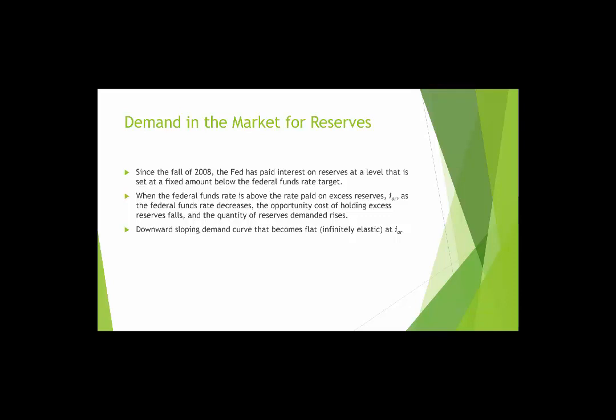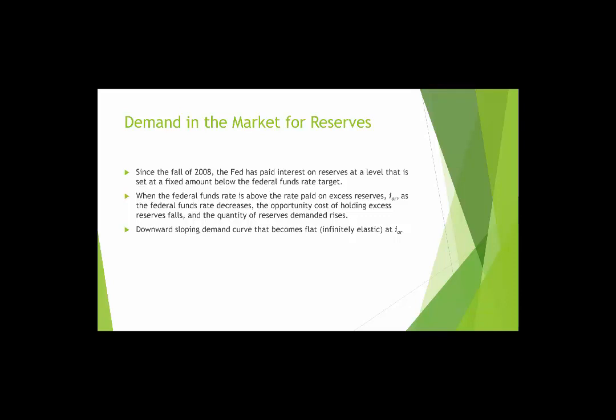If it goes down to the amount that the Fed gives you, why would you lend it out? You might as well just keep it with the Fed. So the federal funds rate cannot fall below that. If you're in the market, you're not going to lend out money at a rate that's lower than the Fed funds rate.